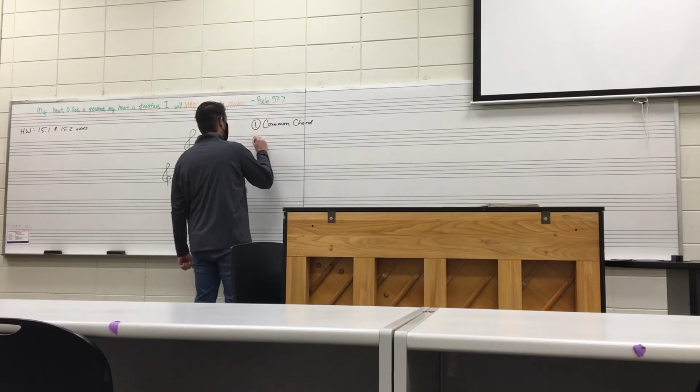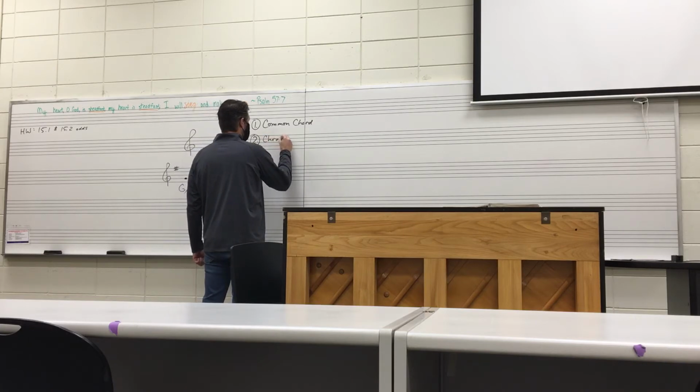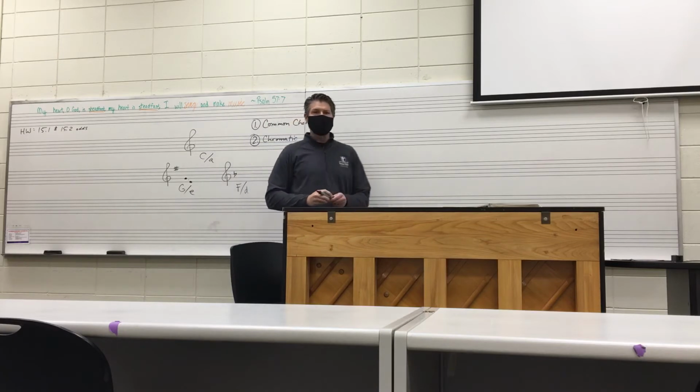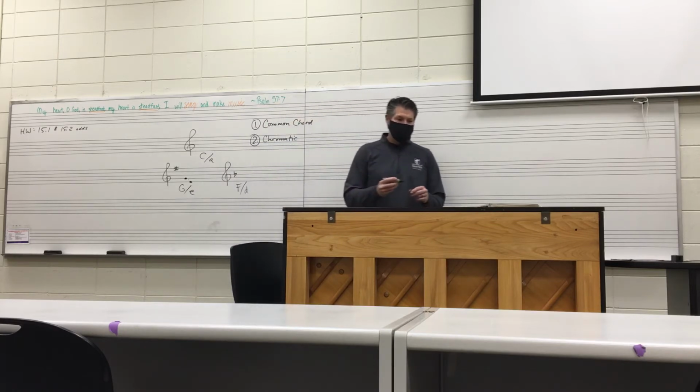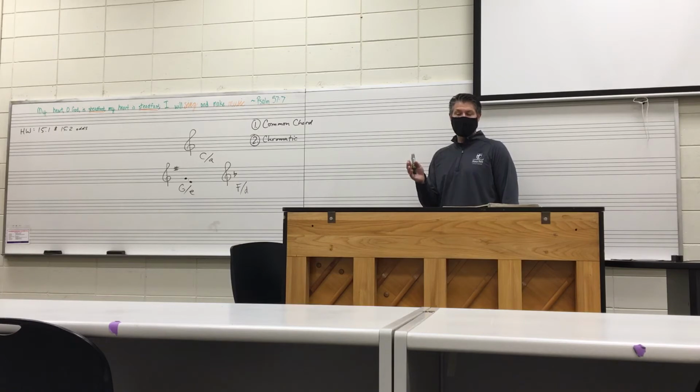The second example is chromatic. And this occurs when they don't have a common chord. The composer adds an accidental, and it's just a dramatic shift. It happens on the spot. We were in this key on this beat.